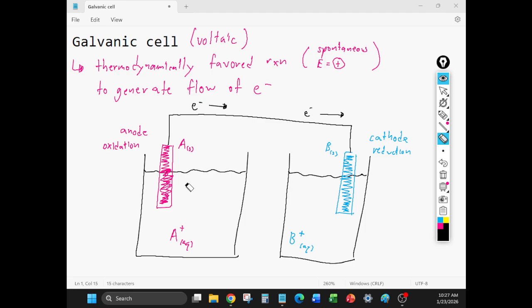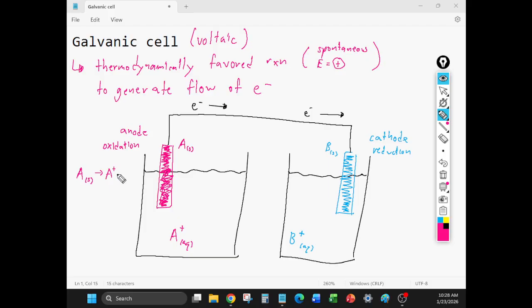All right, now basically what's going to happen is there's going to be an oxidation reaction here, and there's going to be a reduction reaction. So let's talk about what that means. Remember, oxidation is loss. So this metal right here is going to lose electrons. In the anode, this solid piece of A has electrons, right? Every element has electrons, and electrons are going to leave this piece of metal. If I lose electrons, I become positive, right?